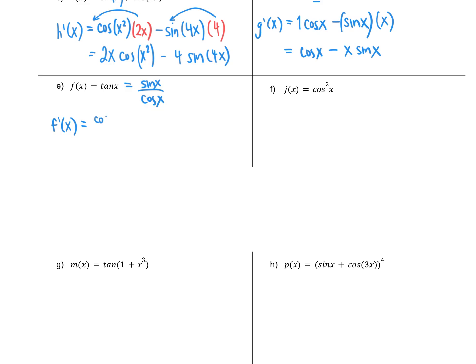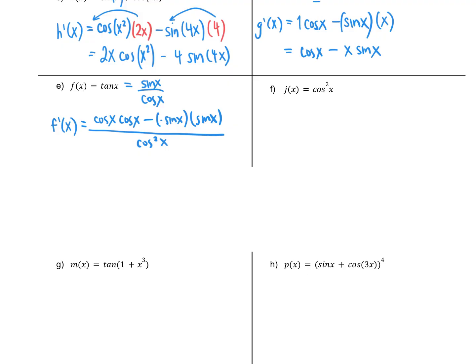So the derivative of sine is cos x. Now copy paste your denominator. So there's another cos x. Minus, take the derivative of the denominator. The derivative of cos x is negative sine x. And copy paste your numerator. All over the denominator squared.